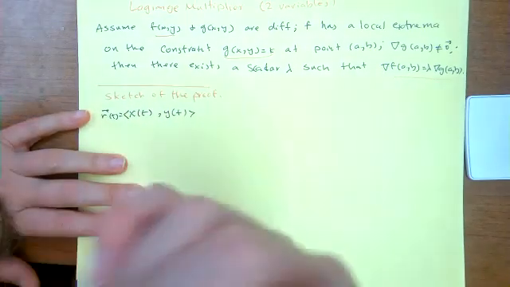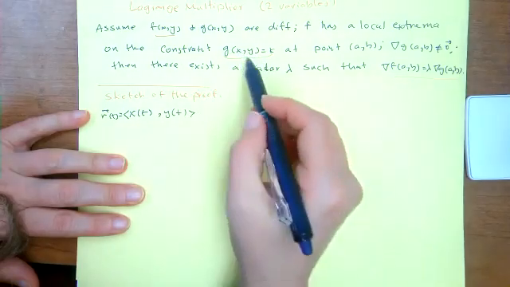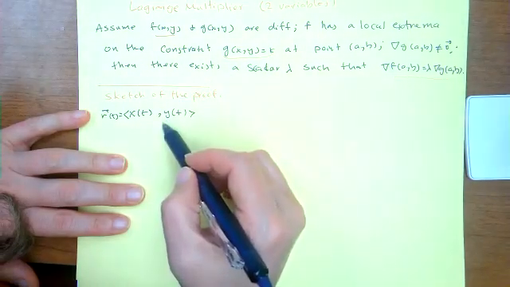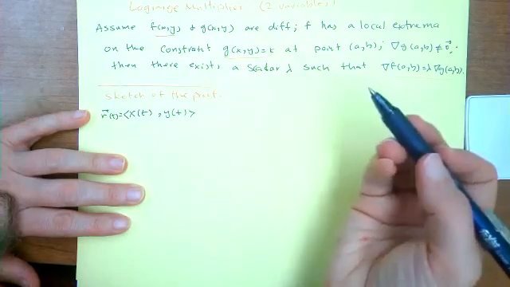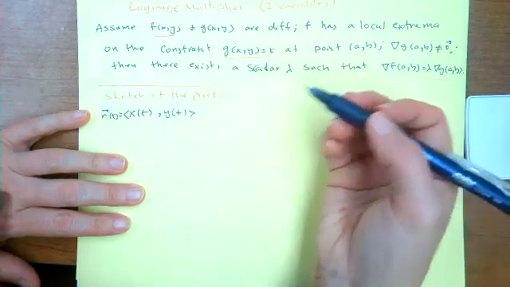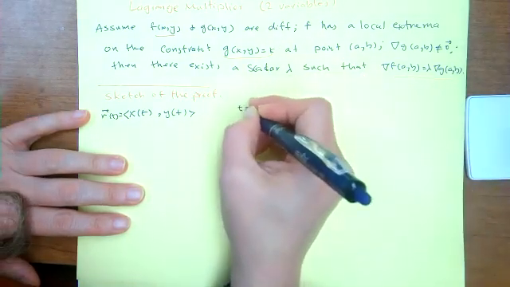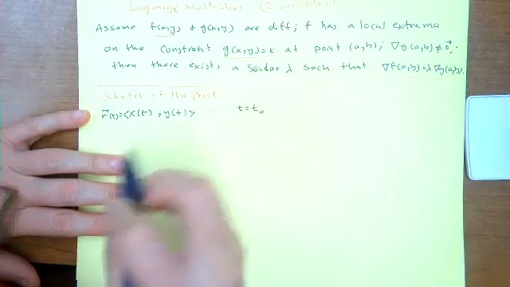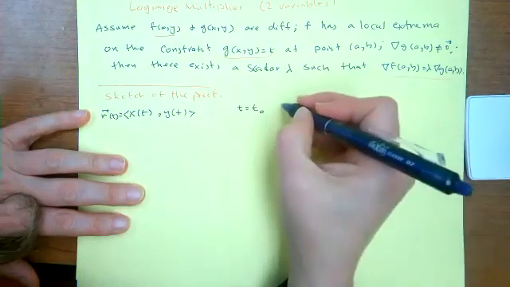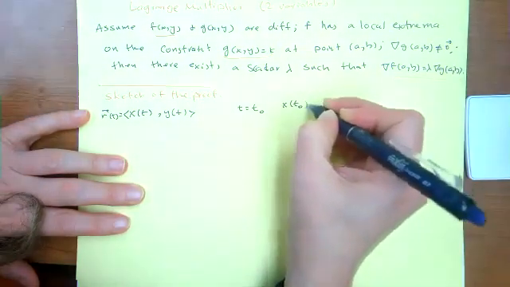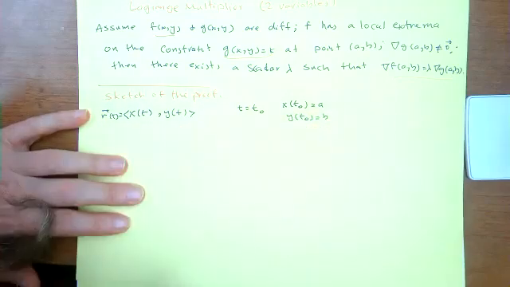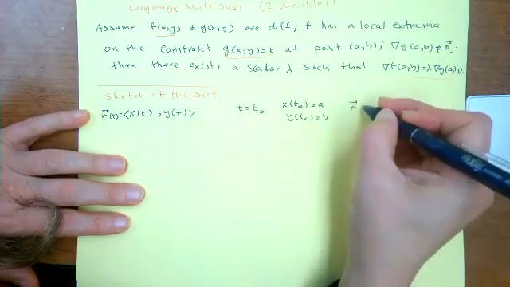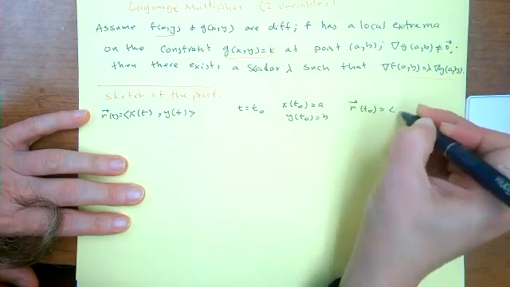The next thing is that this parameterized curve, at some t value, spits out point a and b. Let's call that t equal to t0, such that x of t0 is going to be a, y of t0 is going to be b. Therefore, r of t0 is going to be a and b.